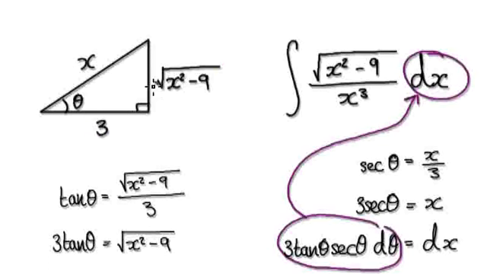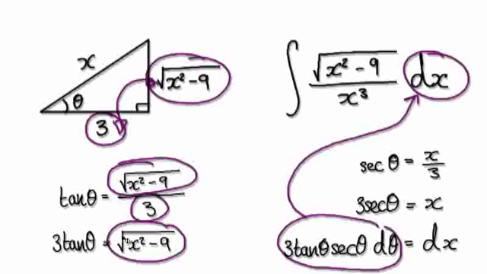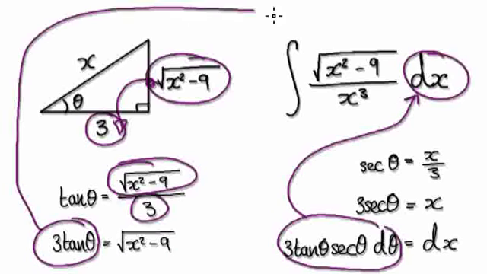Then go back to your diagram. Tan theta will be opposite over adjacent. Times both sides by 3, so this complicated bit here is 3 tan theta. We can put 3 tan theta into this complicated bit.